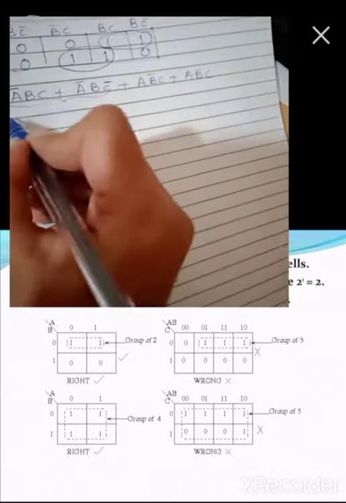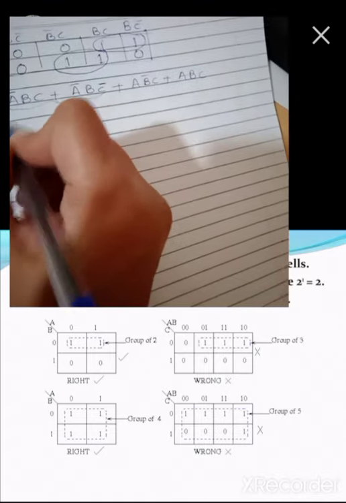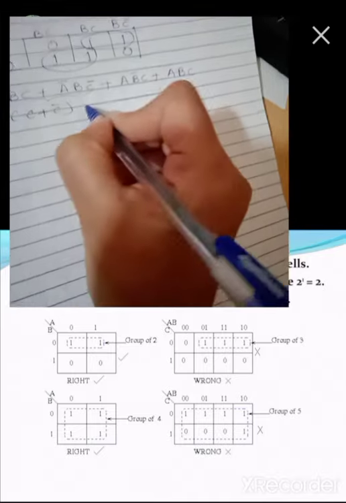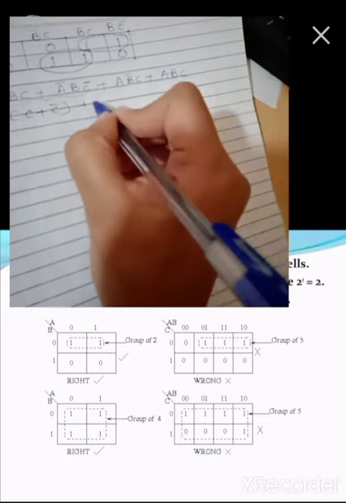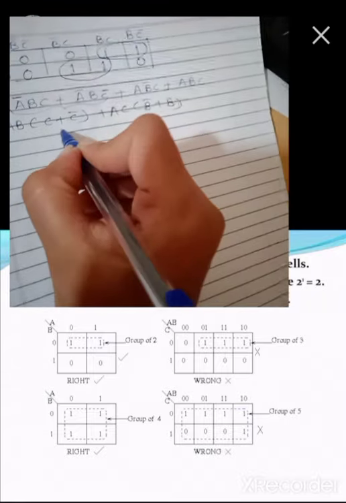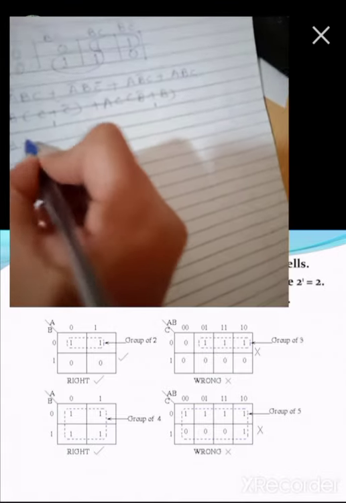Which elements are common? A bar B, so C plus C bar in bracket, and for this pair A and C are common, so in bracket B bar plus B will remain. Now this is replaced with 1, this is replaced with 1, so the equation is A bar B plus A C. So this is the final answer.